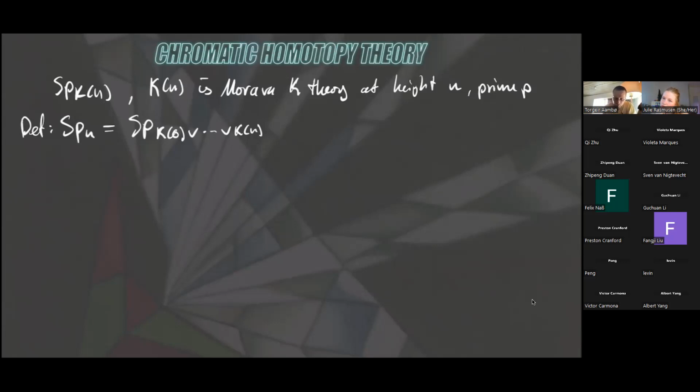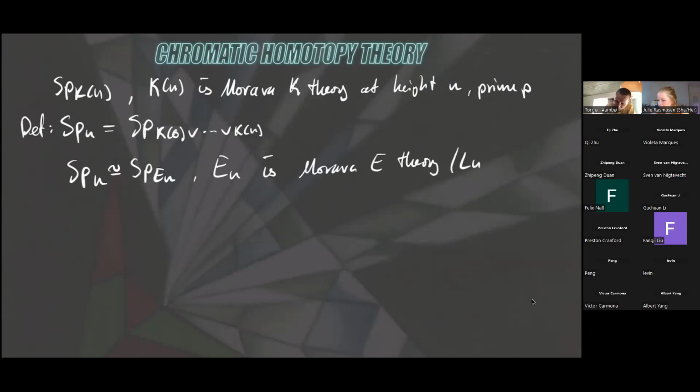There's also another spectrum that we can use to produce this category, which is much nicer than just wedging together a bunch of Morava K-theories. It turns out that there's a nice E infinity spectrum that we can do this with. So we can also localize at some E infinity spectrum E_n, which is like Morava E-theory or Lubin-Tate theory, or it has a bunch of different names depending on precisely what you mean by writing E_n.